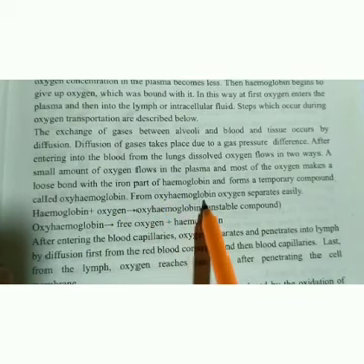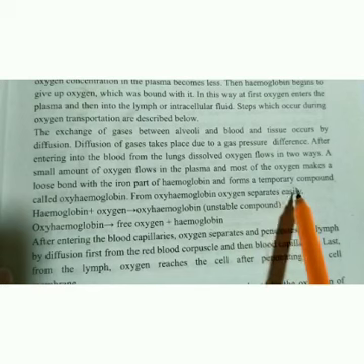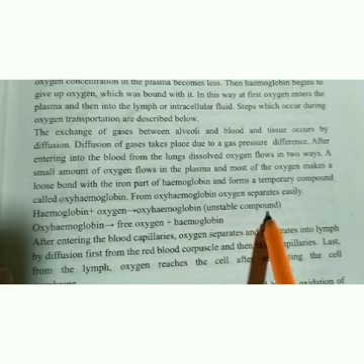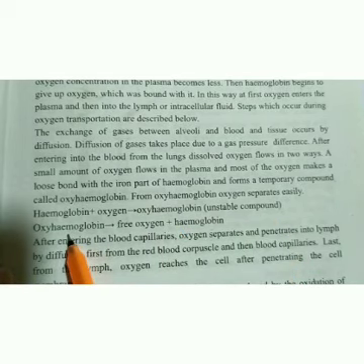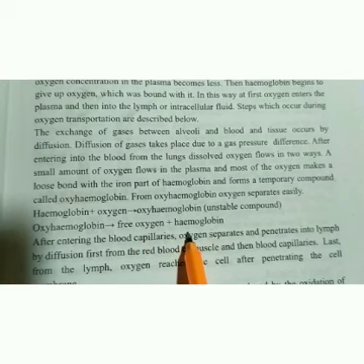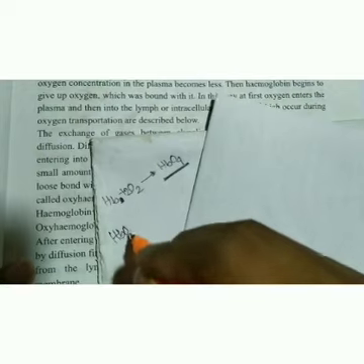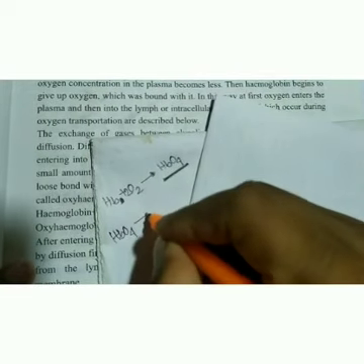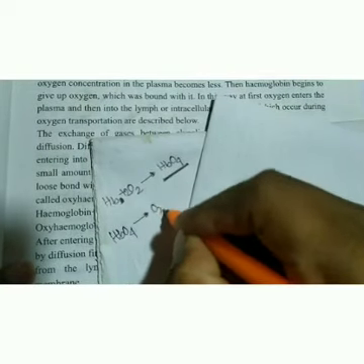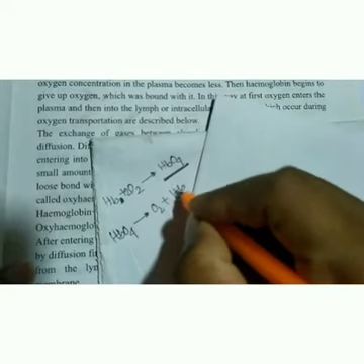From oxyhemoglobin, oxygen separates easily. Hemoglobin plus oxygen gives oxyhemoglobin, an unstable compound. Oxyhemoglobin then produces oxygen plus free hemoglobin.